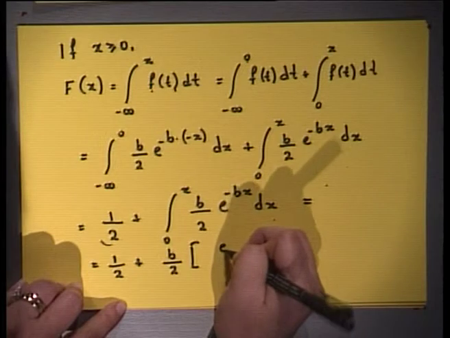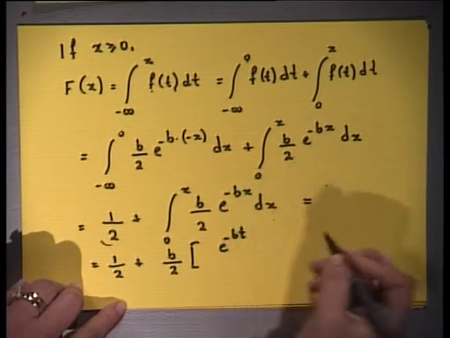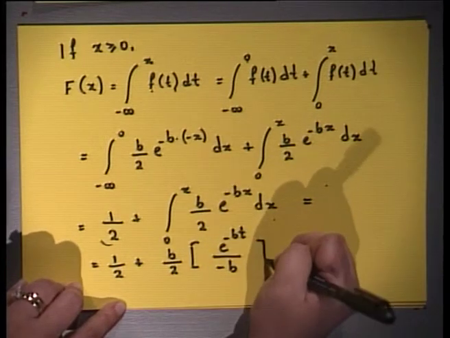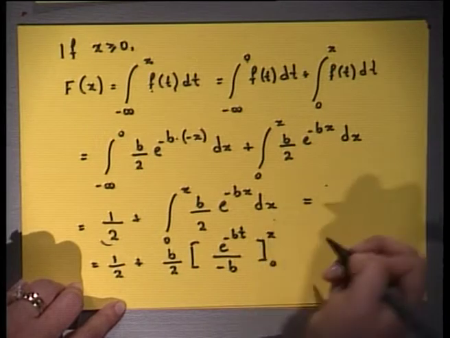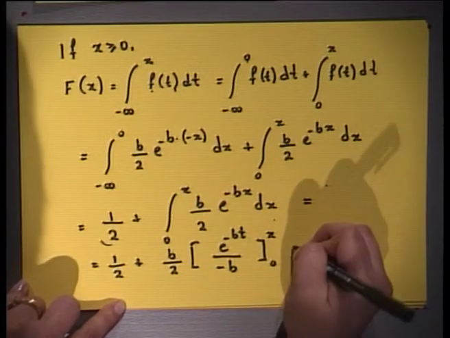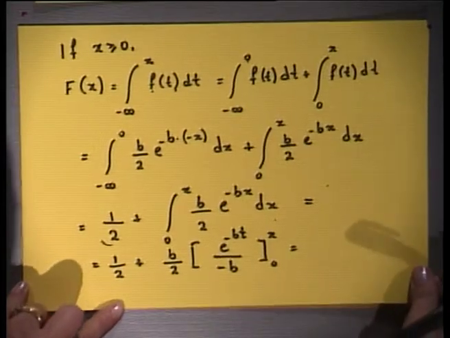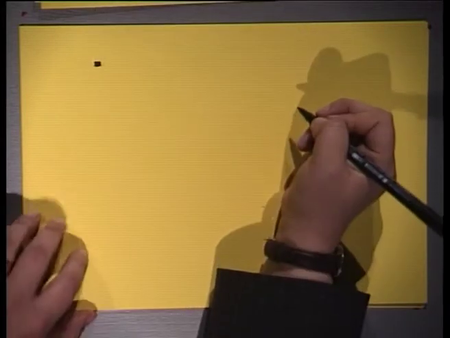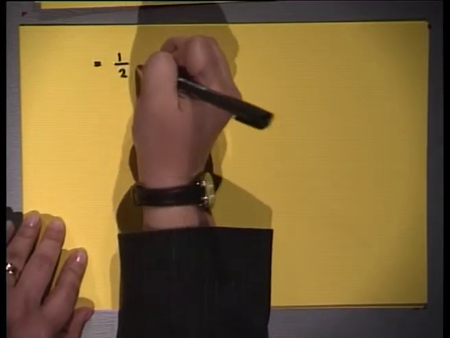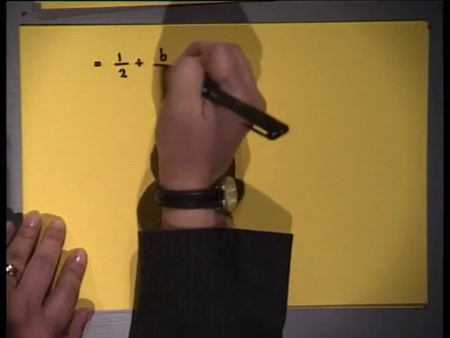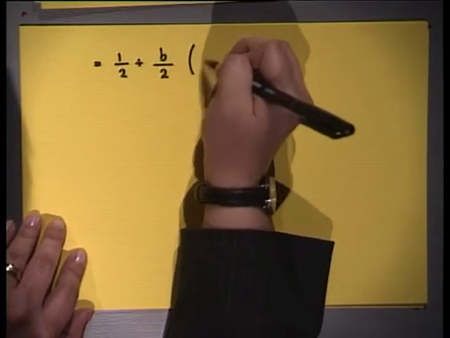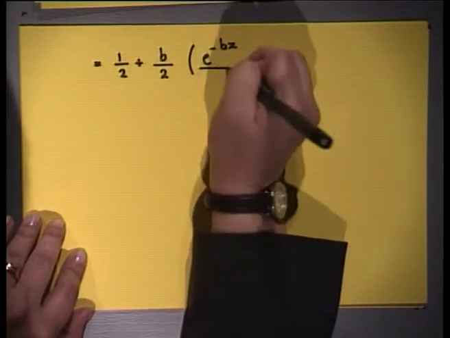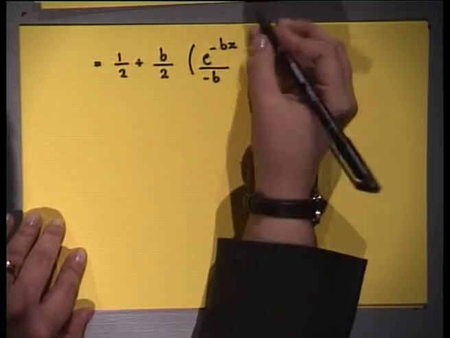And here we have half plus, we calculate now this part, which is equal to the integral from 0 to x, and this will be equal to half plus b over 2, from x to minus divided by minus b.